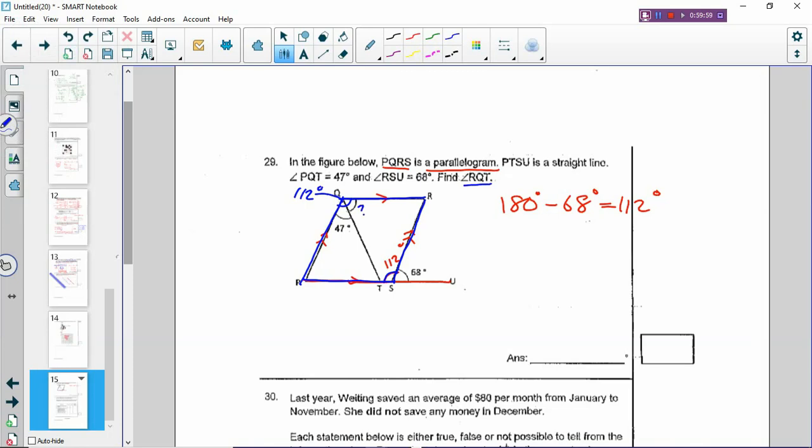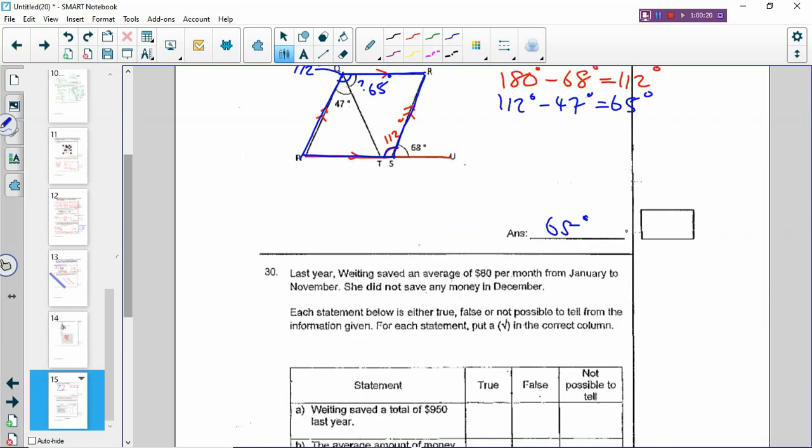Yes, you can. So 112 minus 47. So what is 112 minus 47? You will get 65 degrees. So your RQT is 65 degrees. Got it? Right? So in the parallelogram, opposite angles are equal. Okay, let's go on to the next one.